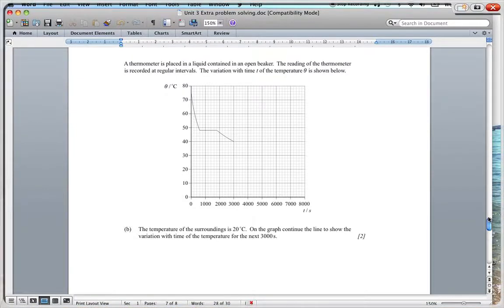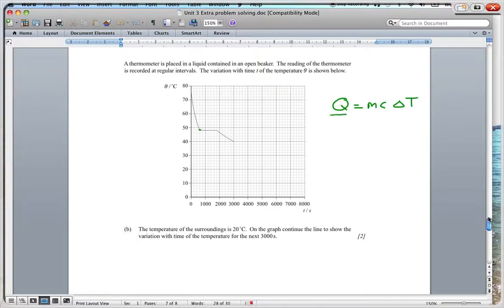So we're actually at this point over here. That is time 600 seconds, is approximately 4 watts. Now you're going to use this formula over here, that your Q is equal to MC change in T, change in temperature.